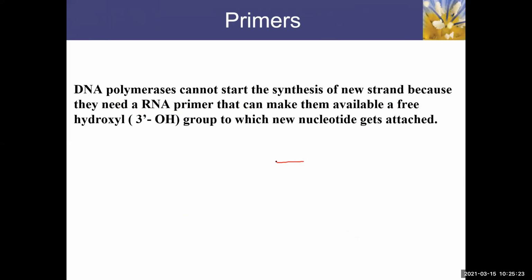A primer is a short sequence of DNA from 5' phosphate to 3' OH end, like 4 to 15 nucleotides long, and DNA polymerase can add nucleotides to this 3' OH end. The problem with DNA polymerase is that it cannot start the synthesis of a new strand unless you have a short primer there.